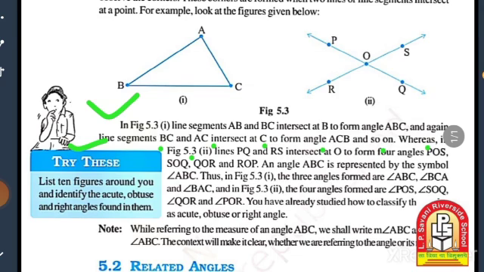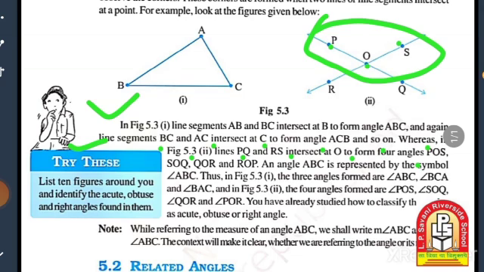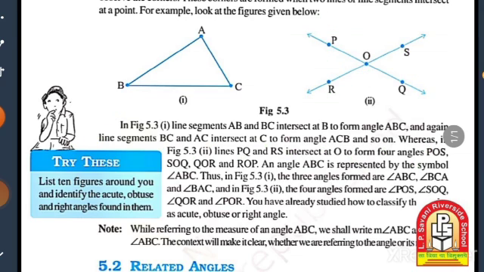In 5.3, lines PQ and RS intersect at O to form four angles: POS, POR, SOQ and ROQ.